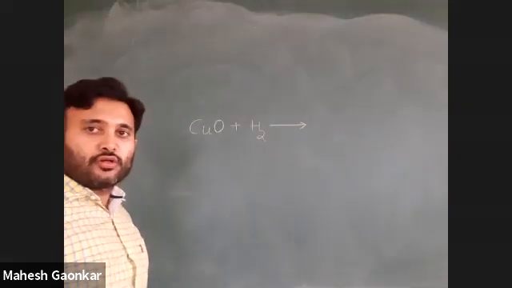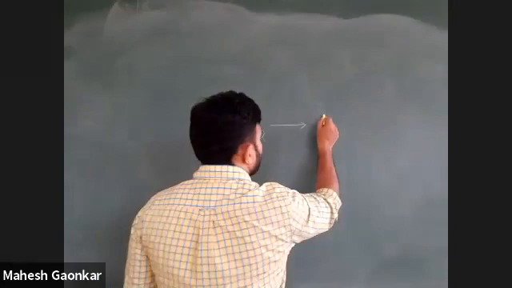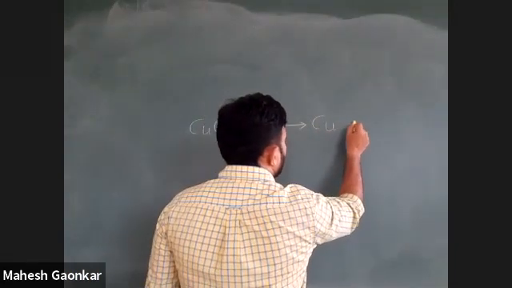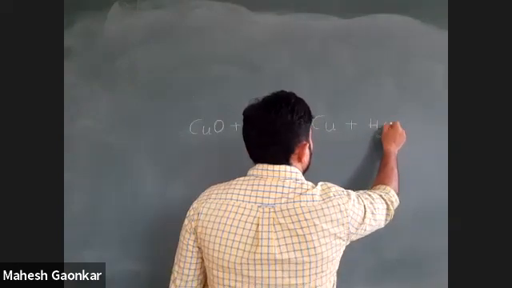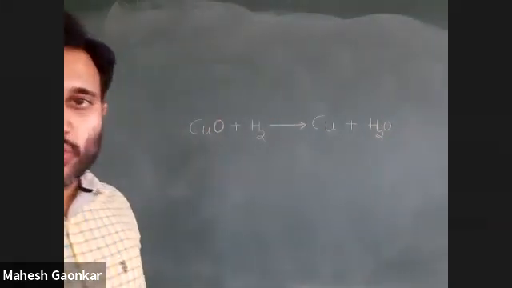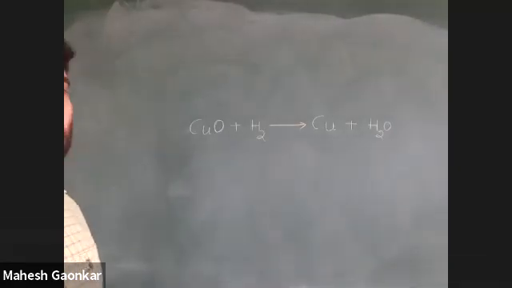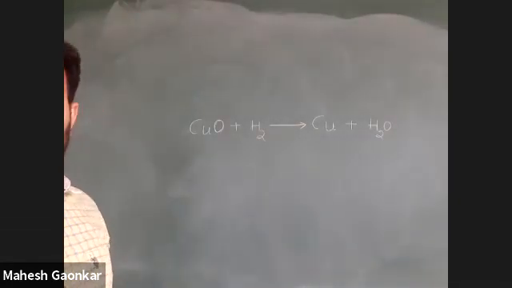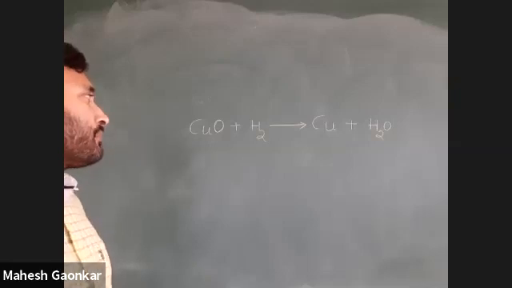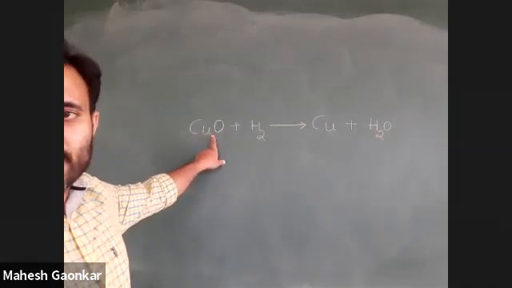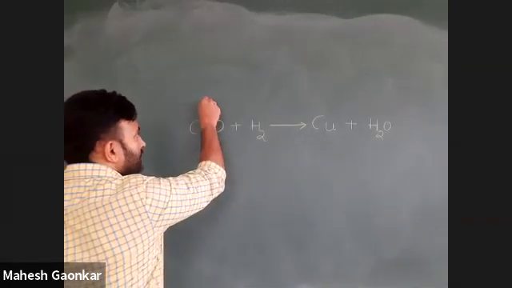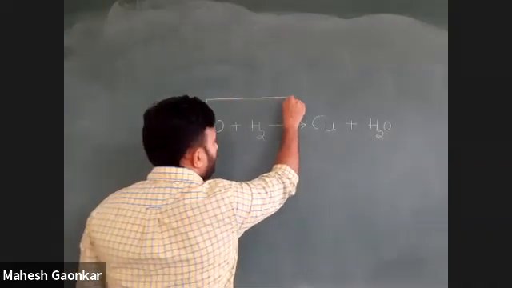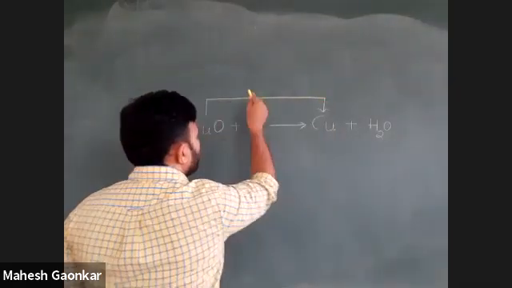Copper oxide, when it is treated with hydrogen, it gives what? Cu plus H2O. When copper oxide is treated with hydrogen gas, it forms copper and H2O. Here, copper oxide has lost oxygen, right? Therefore, it is undergoing reduction.